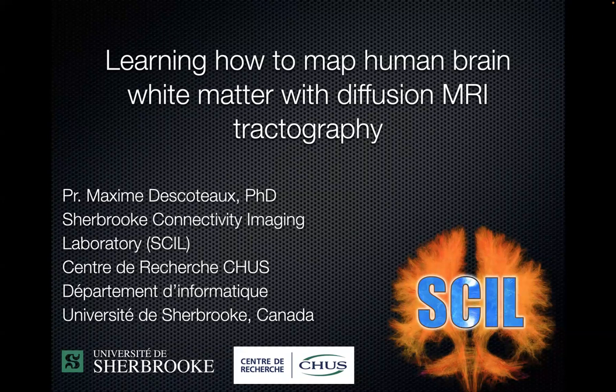And this is very important. It's not only modeling, but validating tools. And this is because we are developing tools to make them available for research and clinic. So these need to be validated and used for brain mapping and connectomics applications.